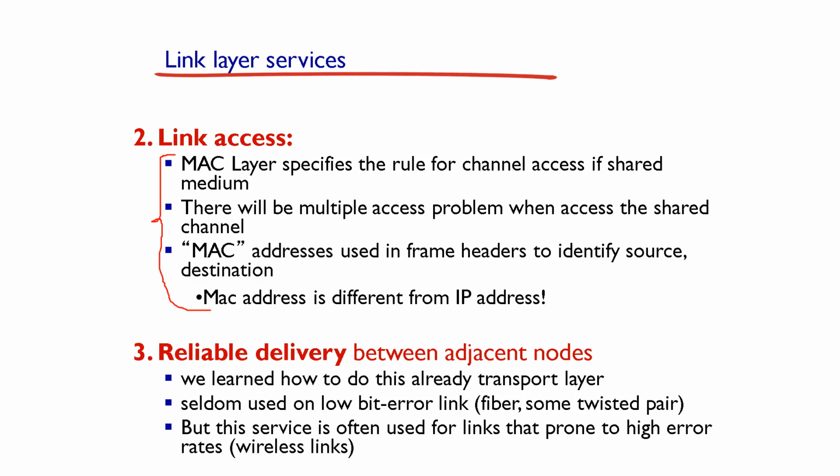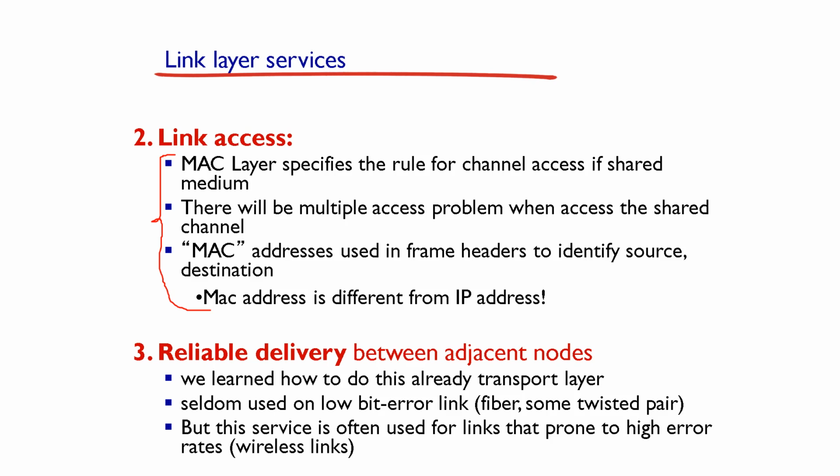If multiple nodes try to access the same channel at the same moment, there will be a problem of accessing the channel. So this is the issue of multiple access. Various protocols are defined for solving the problem of multiple access.